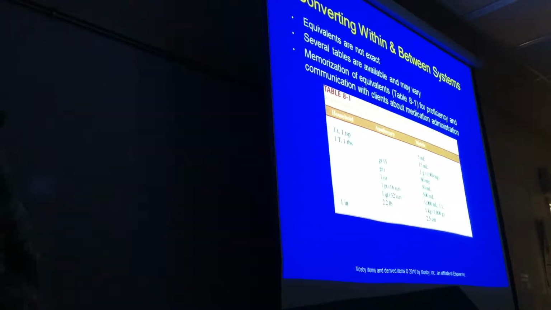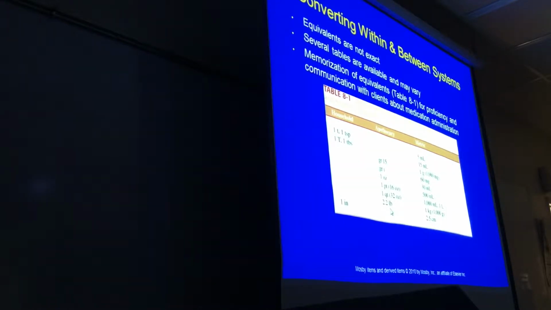Here are the grains that we were talking about. 15 grains equals 1 gram. 1 grain equals 60 milligrams. 1 ounce is 30. 1 pint is 500, or 16 ounces times 30 would be 480, which is more accurate, like I was mentioning on the conversion chart. 1 quart is 32 ounces, which would be 960 mLs, but they just say for roundabout calculations 1,000 mLs.